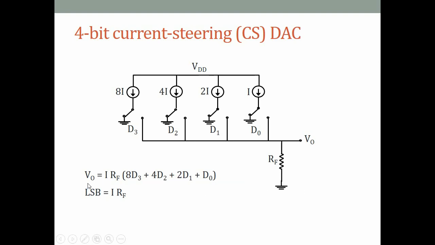So that the expression for VO can be written as I times RF times the digital input code. And depending on which D's are 1, the actual analog voltage will appear. The LSB, or the resolution of such a DAC, is I times RF, which is the case when only D0 is 1.